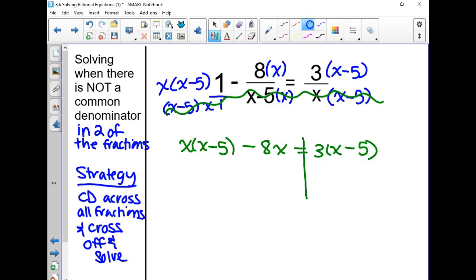So I'm going to take x times x, and I get x squared. X times negative 5, I get negative 5x minus 8x is equal to 3 times x, which is 3x, and 3 times negative 5, which is negative 15. Okay? So let me take a little break here so you can let that sink in.